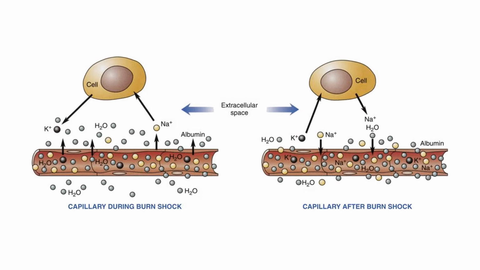We can tell this has happened because diuresis starts. The patient is going to diurese in large amounts, and that's how we know we have normalized fluid shifts. The fluid is shifting back into the intravascular space.